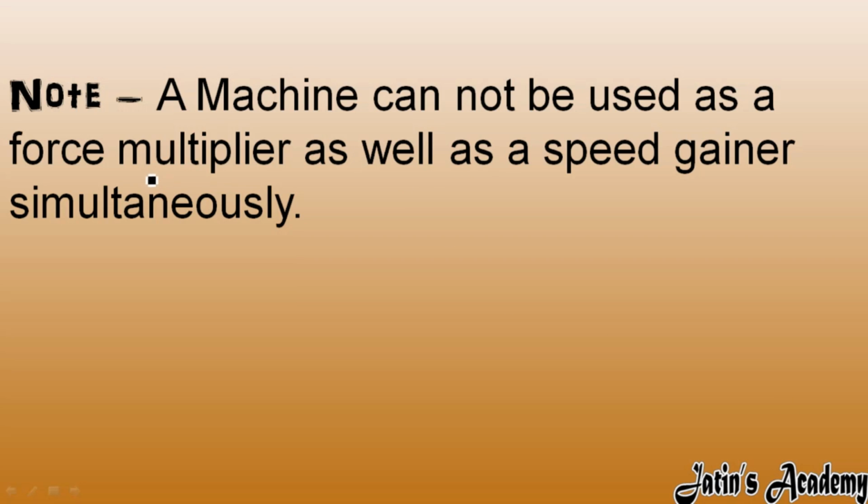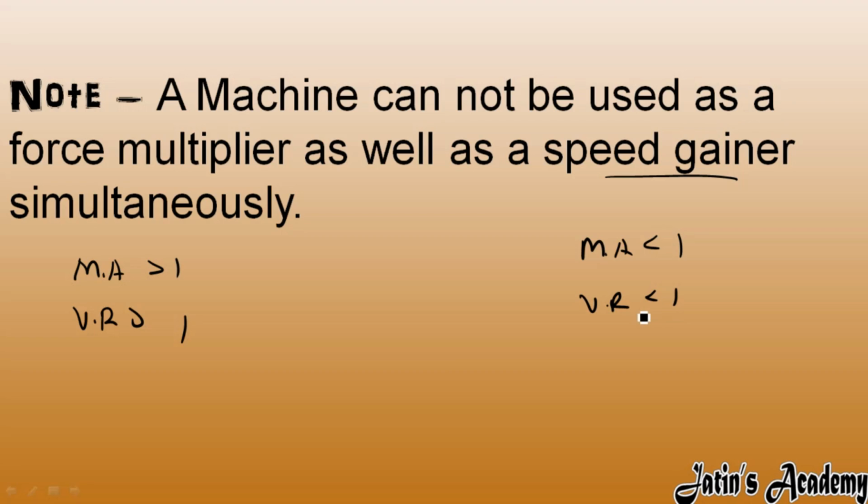Next we have one important note, in which it is written that a machine cannot be used as a force multiplier and a speed gainer simultaneously. What does it mean? Carefully see. When a machine is a force multiplier, mechanical advantage and velocity ratio both are greater than 1. And when the machine is a speed gainer, then mechanical advantage and velocity ratio are less than 1. It means a machine cannot have mechanical advantage or velocity ratio sometimes greater than 1 or sometimes less than 1.